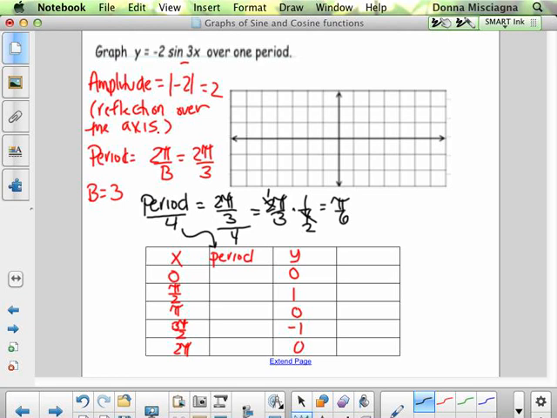So that means we're going to start at 0 and count by pi sixths. All right, so maybe I'll just change colors. 0, and then 1 pi sixth, and 2 pi sixths, which is the same as pi thirds, and 3 pi sixths, which is the same as pi halves, and then 4 pi sixths, which is the same as 2 pi thirds.